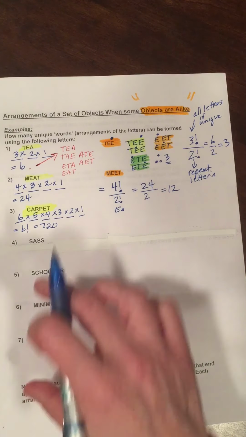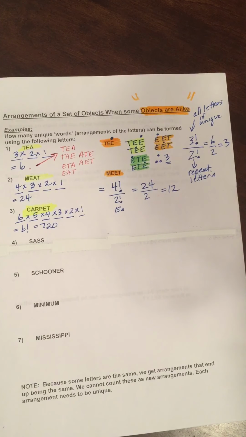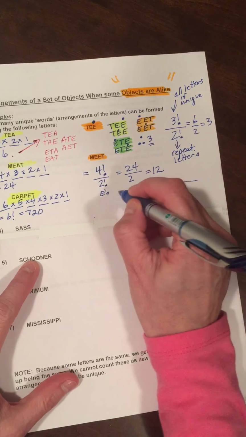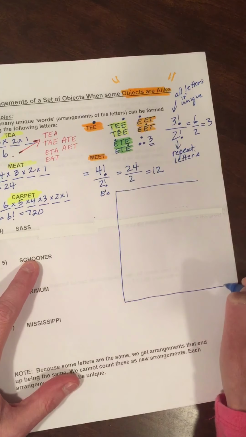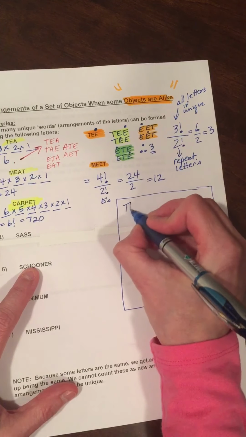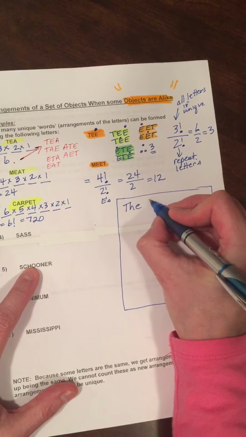Before we go to do 4, 5, 6, and 7, I want us to create a beautiful box. And inside this box, we're going to write the rule down.